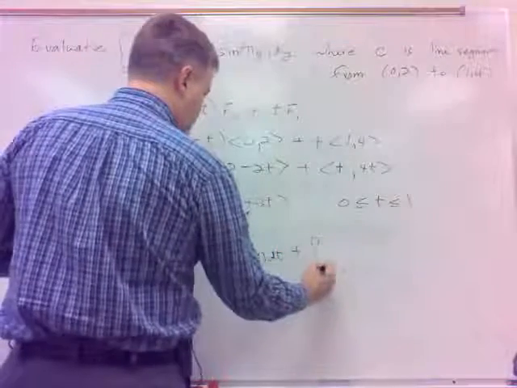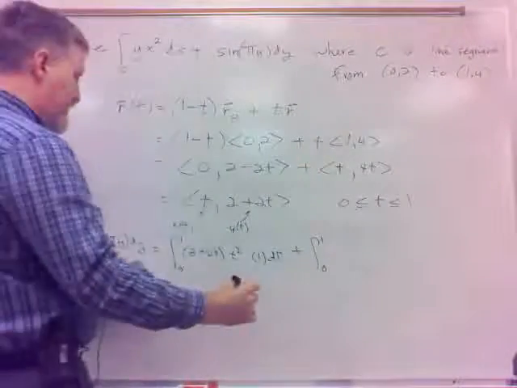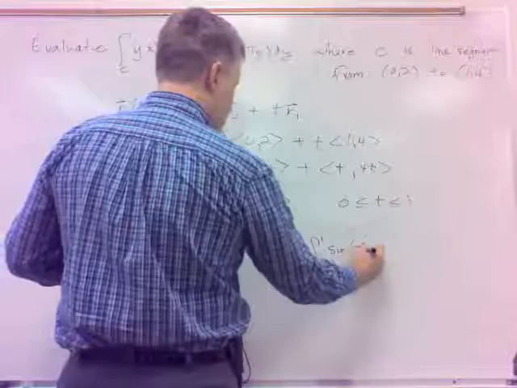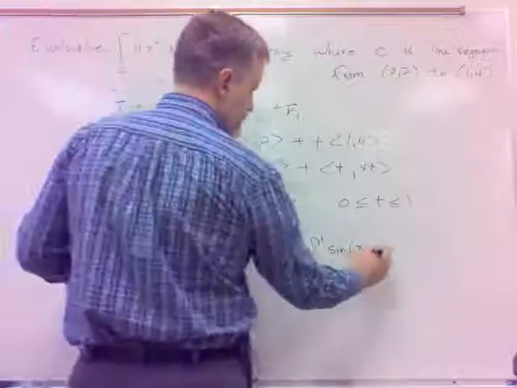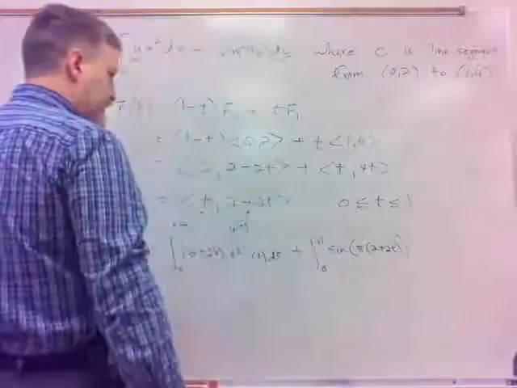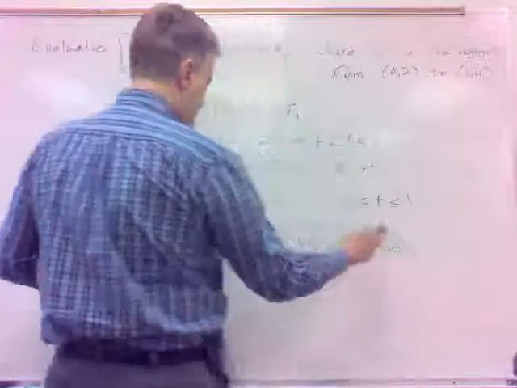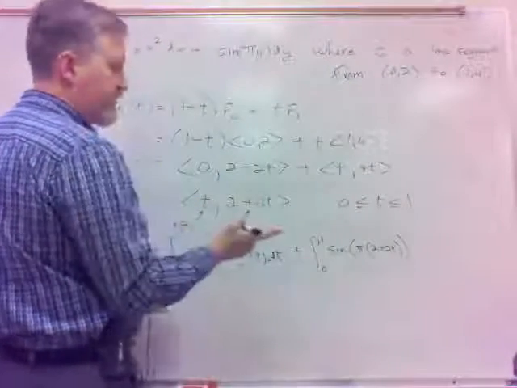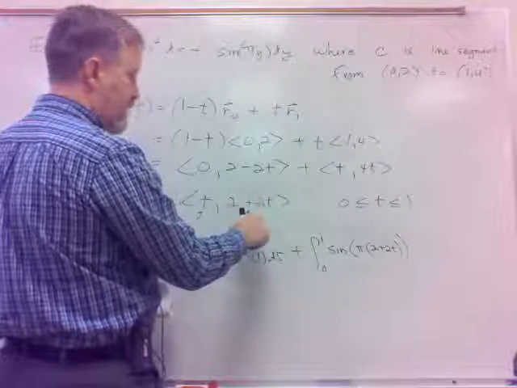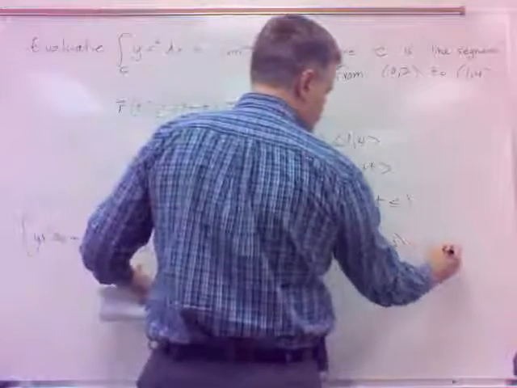And then we also add to that the integral from 0 to 1 of sine of pi times y, but y is 2 plus 2t, times then dy, we do the derivative of y, which would be 2, dt.